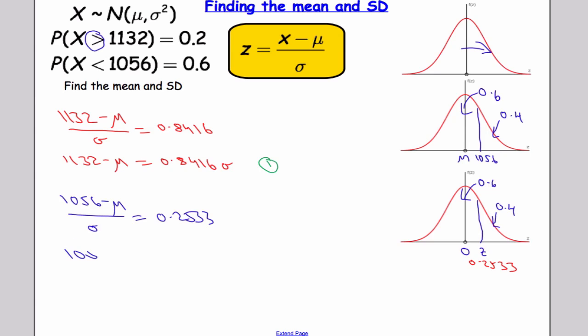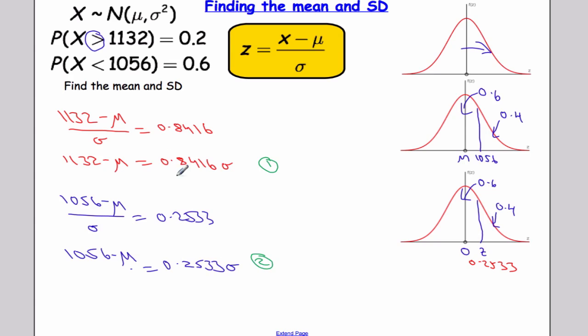We get 1056 minus mu equals 0.2533 sigma. I beg your pardon, we're not dividing by the standard deviation anymore. It is late in the evening. Excellent. Now we have a second equation.